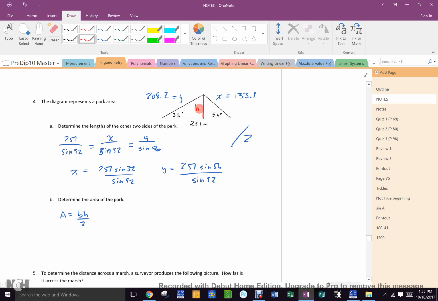H equals what? Not cos. Sine 32 equals H over 208.2.